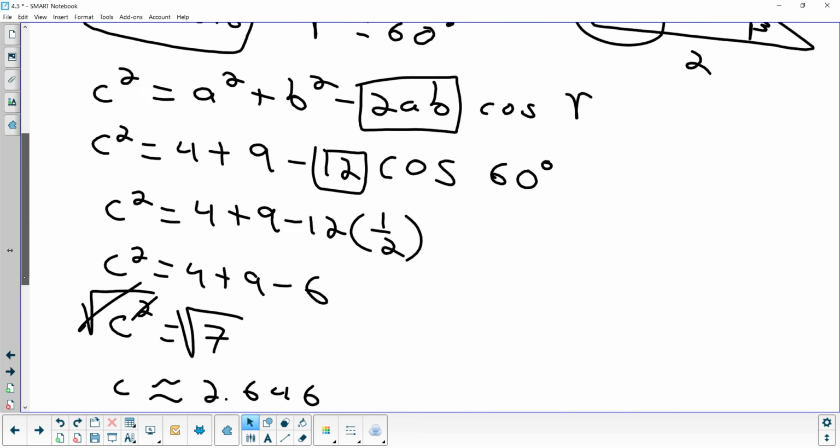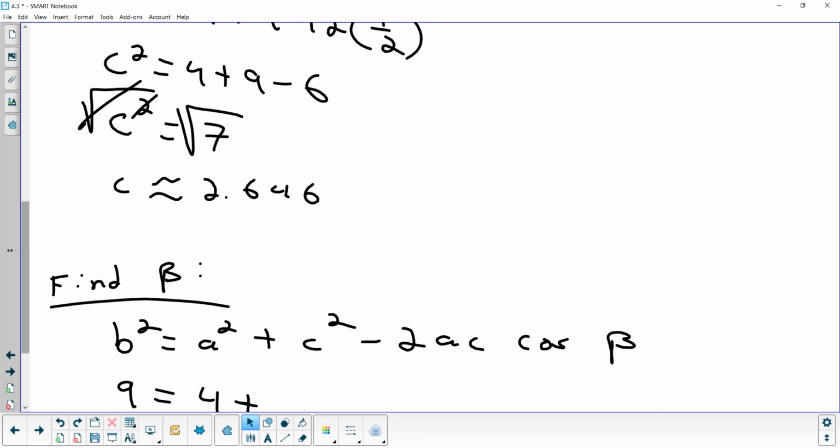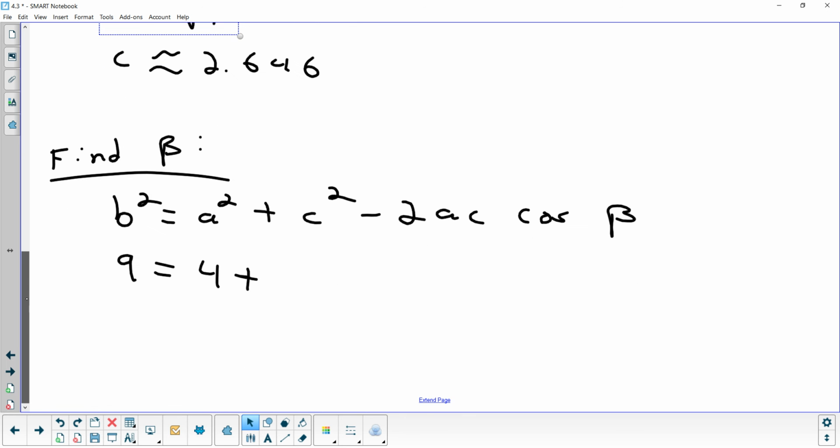Okay, a is 2, so when we square it, we get 4. Plus c squared. Now, to get c squared, don't take 2.646 and square it. We already know what c squared is from the step above. What was c squared equal to? Yeah, 7. If you take this and square it, you're going to get like 6.999. Why bother doing that? C squared was equal to 7.